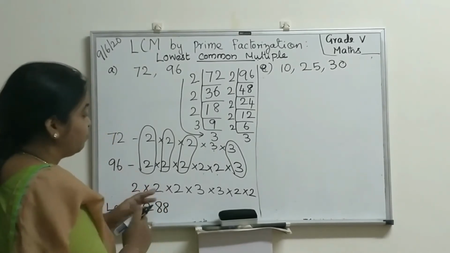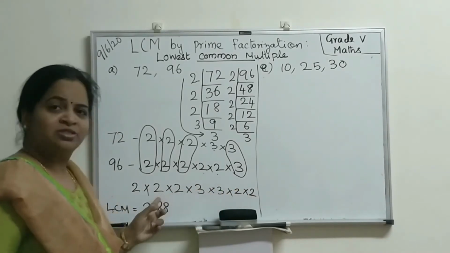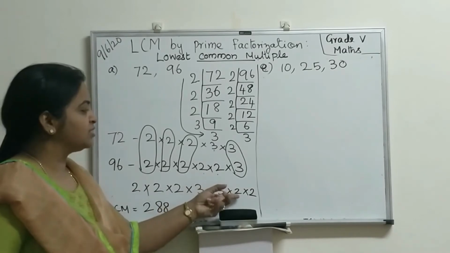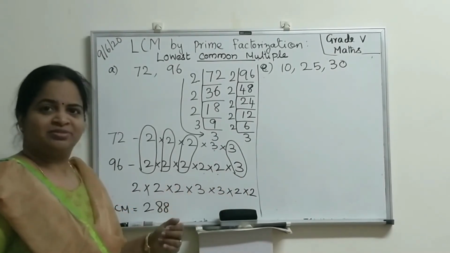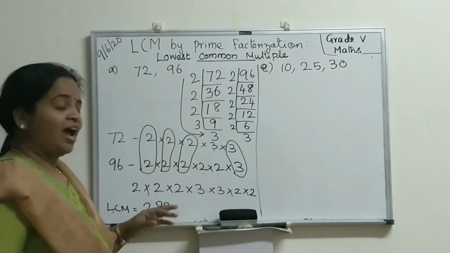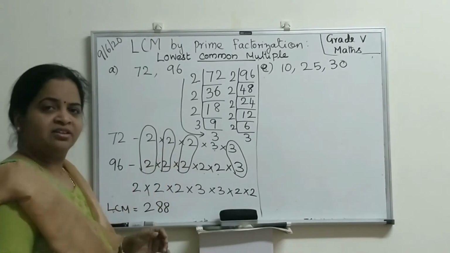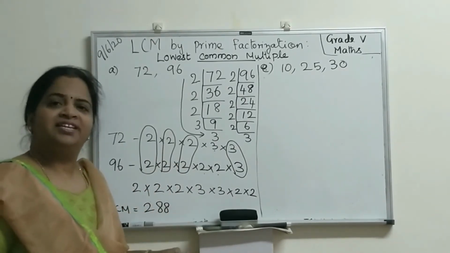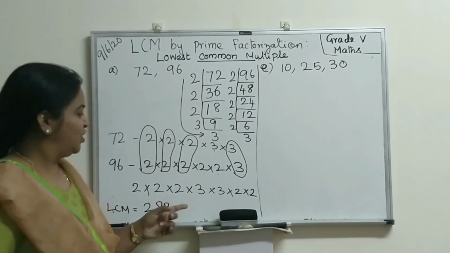See, first you multiply all the 2s, it will be easy for you to do. 2 2s are 4, 4 2s are 8, 8 2s are 16, 16 2s are 32. Then do with 3 and 3. Otherwise, you can multiply on the side. Okay, the answer is 288. Do you understand? It's easy, right?